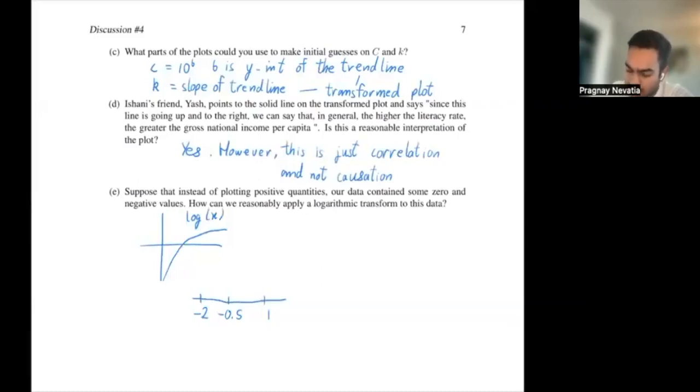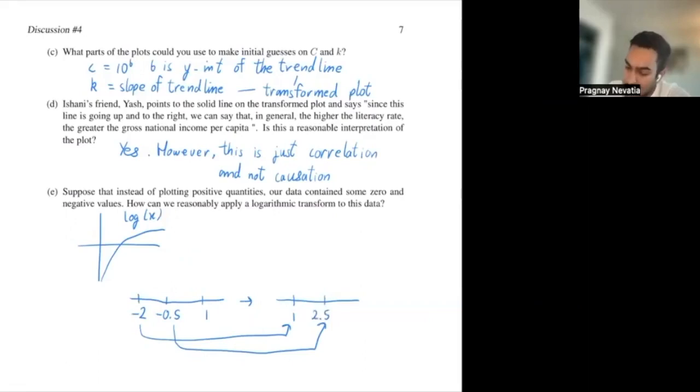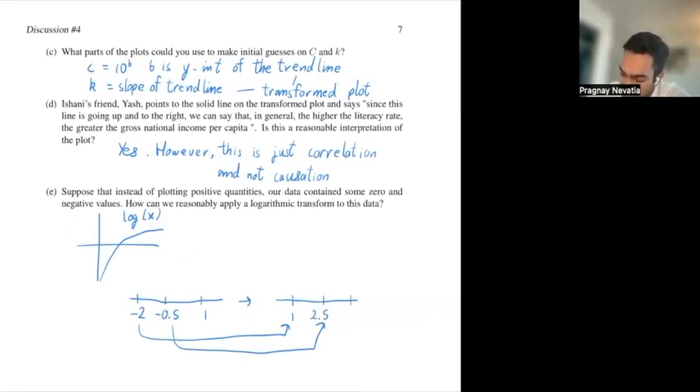We could change our scale such that the lowest possible number has a value of 1. So if -2 goes to 1, -0.5 will have to go to 2.5 because it's 1.5 points ahead of -2. And similarly, the 1 would become a 4.